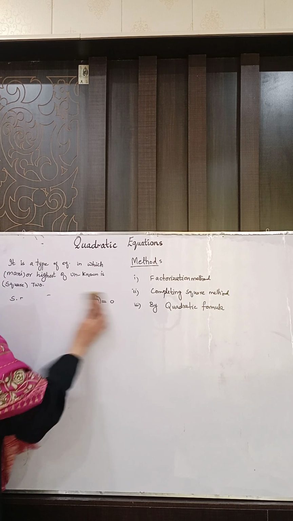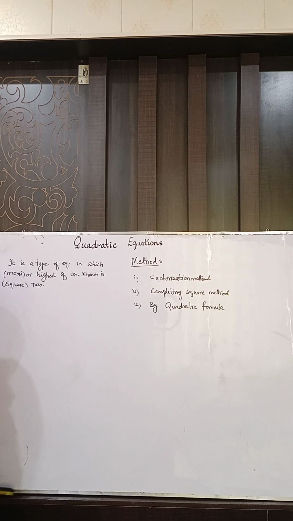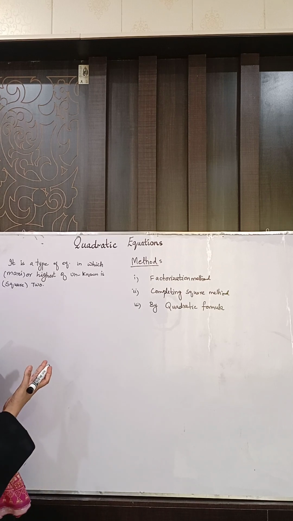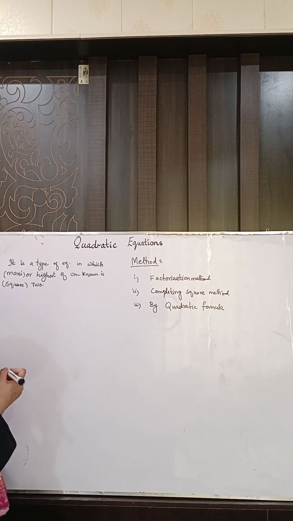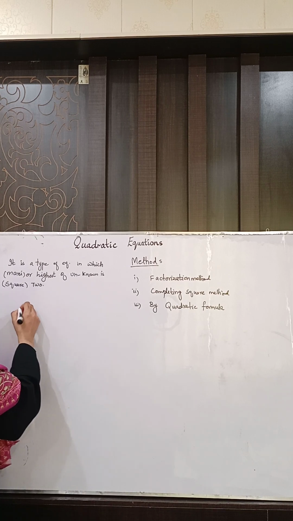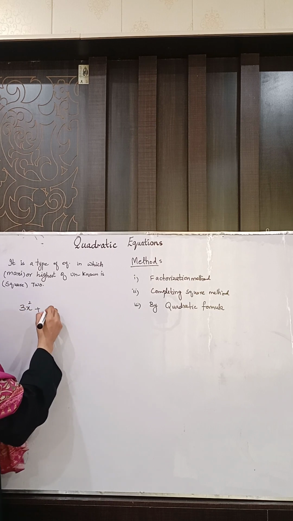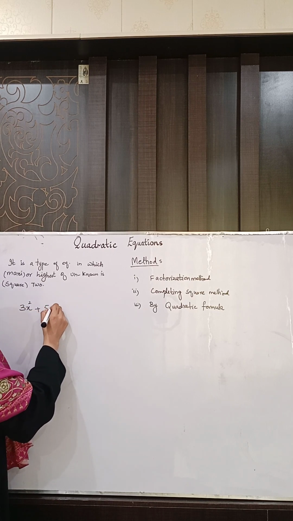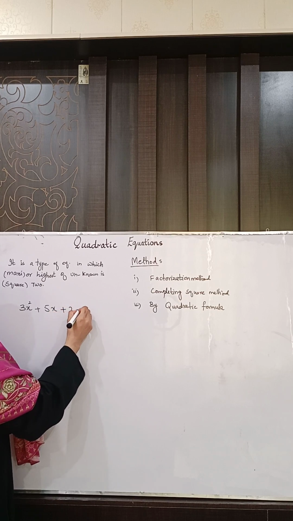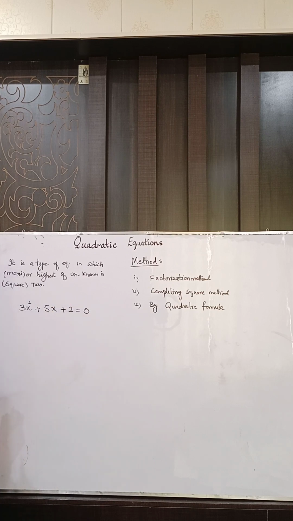Let's have a numerical example. We will solve that example with the factorization method. We can take any type of equation. Simply we write 3x square plus 5x plus 2 is equal to 0.